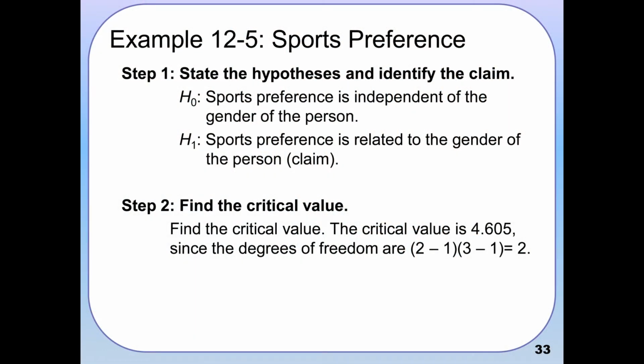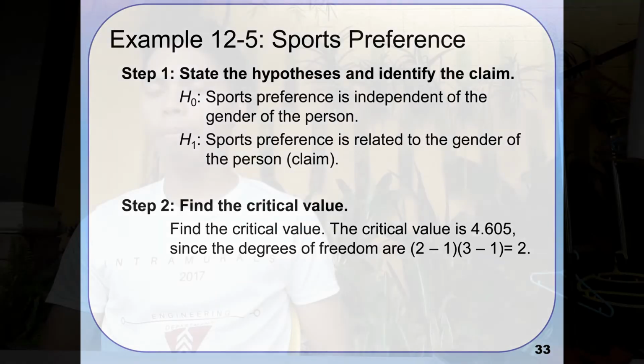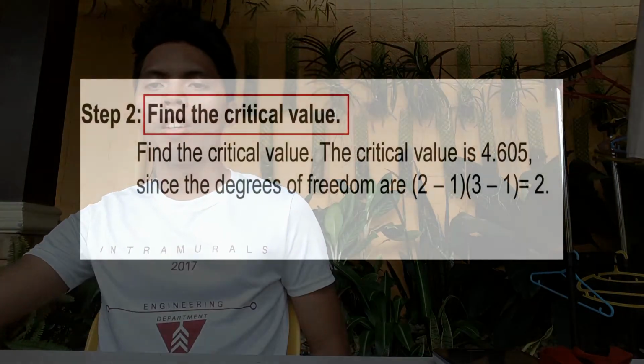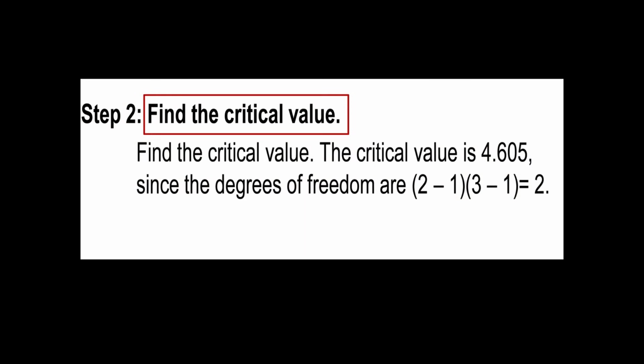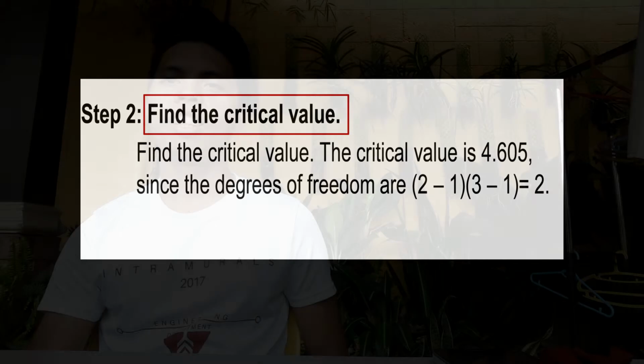H0: Sports preference is independent of the gender of the person. H1: Sports preference is related to the gender of the person. Claim. Step 2. Find the critical value. The critical value is 4.605 since the degrees of freedom are (2 minus 1) times (3 minus 1) equals 2.